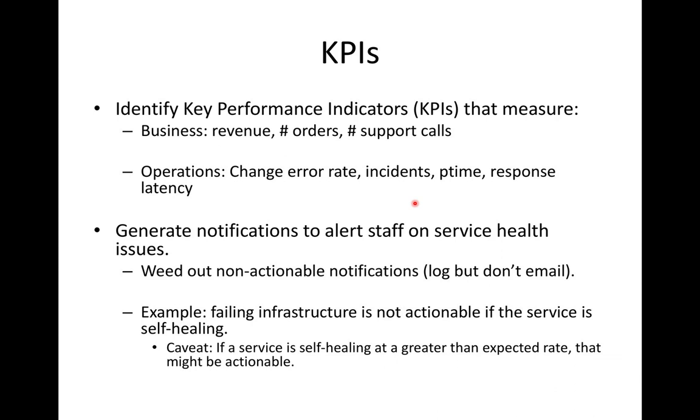If our application isn't performing as expected, or if we're seeing a decline in the performance or decline in availability, we might generate alerts to our development teams or operations teams to let them know that our application is having service health issues.